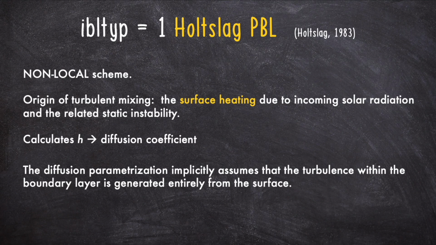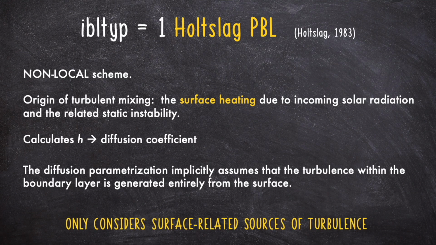Because the diffusivity is only a function of surface condition, this diffusion parameterization implicitly assumes that the turbulence within the boundary layer is generated entirely from the surface. The drawback of this approach is that the Holtslag model only considers surface-related sources of turbulence.